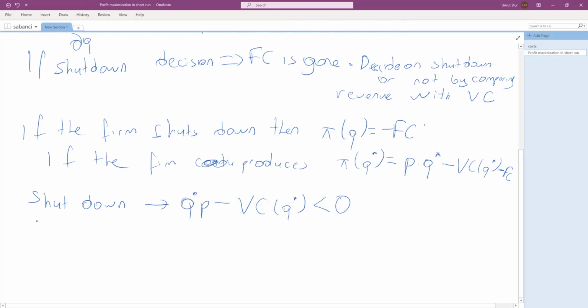So you continue if your revenue at the optimum level minus your variable cost at the optimum level is greater or equal to 0.